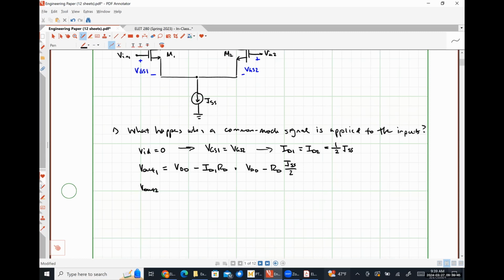And Vout2 would be VDD minus ID2 RD, which would also be VDD minus RD times ISS over 2. And our output voltage would be 0, which should make sense. There shouldn't be any difference between those two output voltage nodes if both transistor M1 and transistor M2 are carrying a literally identical amount of DC current.